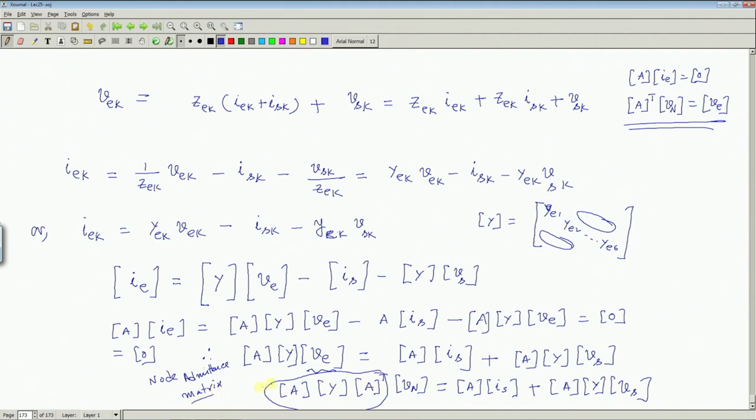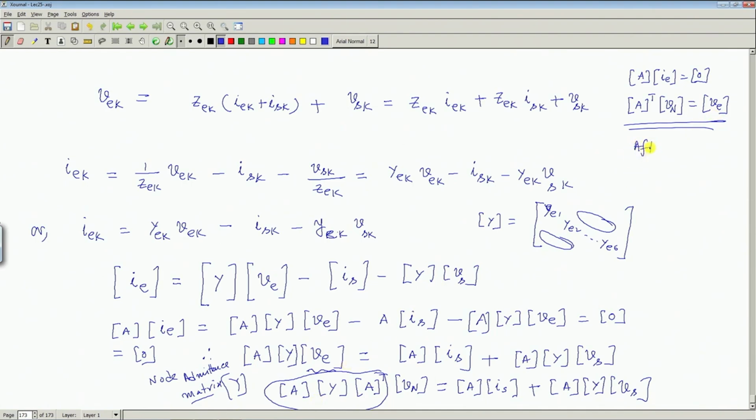It may be replaced by another symbol, capital Y or so on, and take the inverse, multiply with this, you get the node voltages. Then I am telling, if you know the node voltages, you have solved the circuit. Why? Because after you get the node voltage, you can easily find out the element voltages.